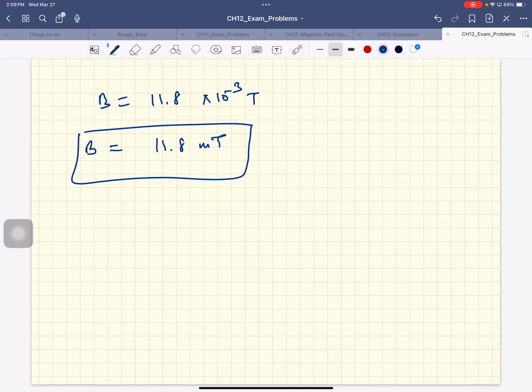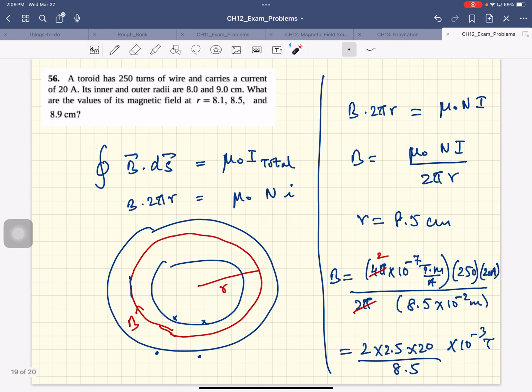So what we have found is that in a toroid which is roughly 1 foot wide, if you pass a 20 amp current, the field inside is about 10 millitesla, which is about 100 times stronger than the Earth's magnetic field.